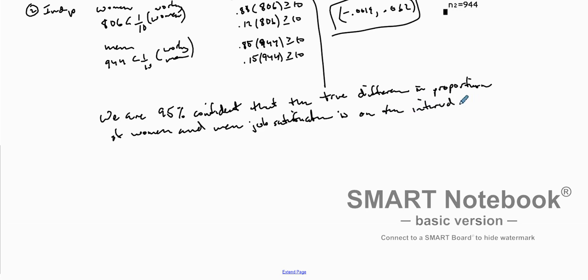And what is that interval going to be? That interval is going to be from negative 0.0019 to 0.062. And that's what we have. And that's our final part of our 4-step process, which is conclude.